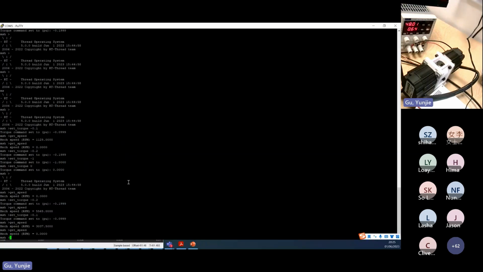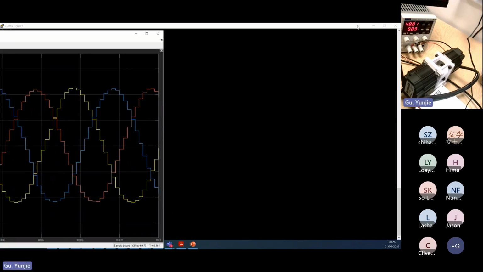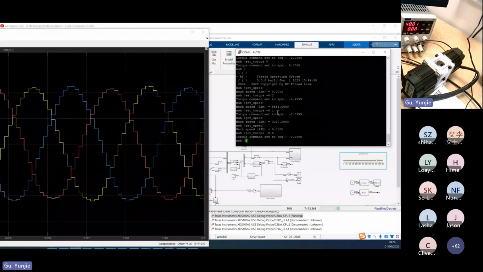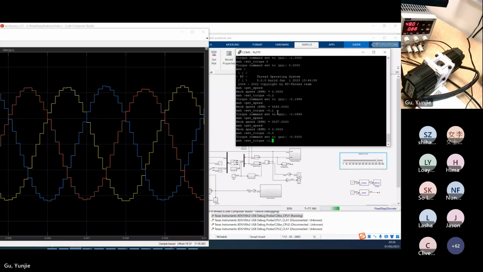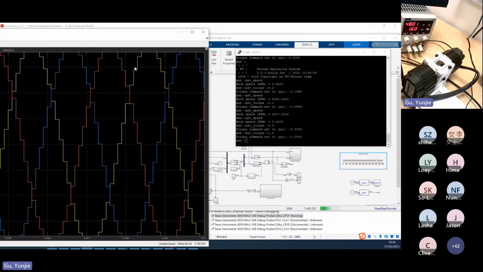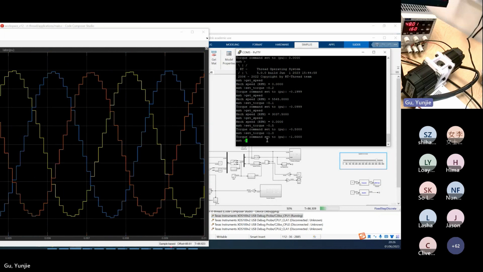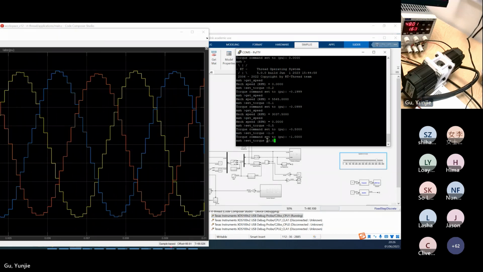And we can change the torque. Set the torque to, say, 0.5. We see that the amplitude of the current changes. To 1, which is 100%, we see that the amplitude further increases. And we can reduce the torque.